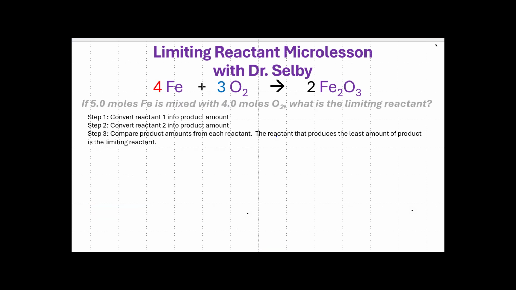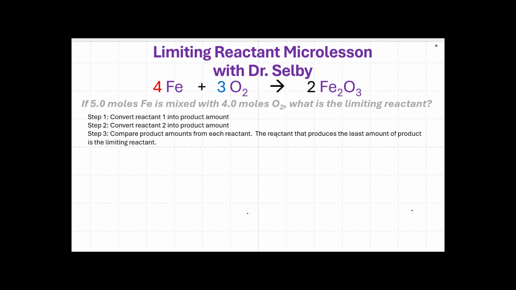So the steps to solving this problem: whenever you're given 2 different amounts in a chemical reaction, it's a limiting reactant problem. And so we want to convert reactant 1, or the iron, into a product amount using those mole ratios in the balanced chemical equation.